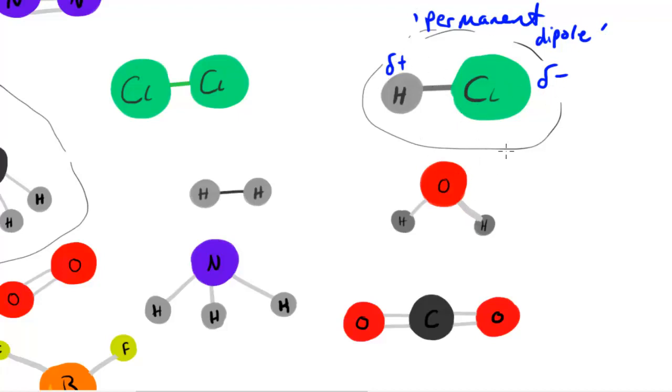When this dissolves in water, and this is a water molecule I have here, the oxygen is going to be slightly negative, and the two hydrogens are going to be slightly positive. This is hydrogen chloride.